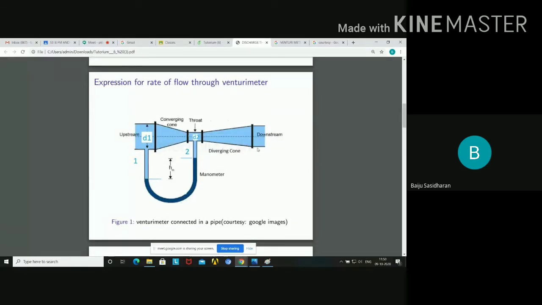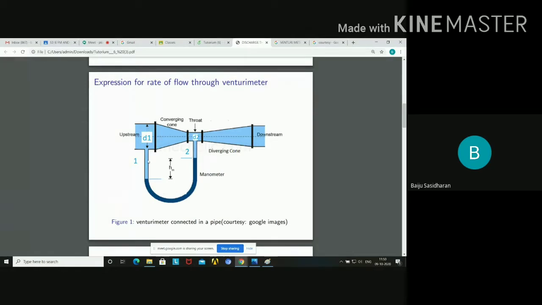In order to derive the discharge through the venturimeter, I am taking this section as 1-1 and the section at the throat area as 2-2. Between these two sections we have to apply Bernoulli's equation.